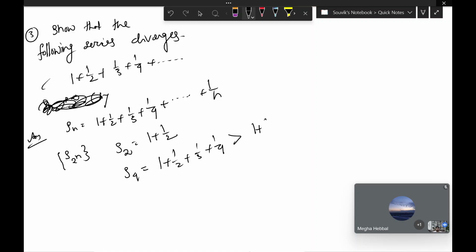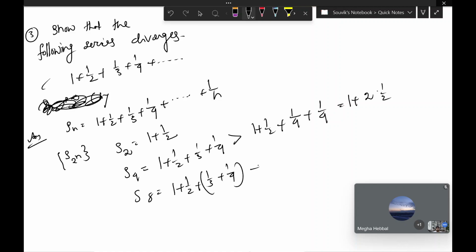This is greater than 1 plus half plus 1 by 4 plus 1 by 4, which is equal to 1 plus 2 into half. Now consider S8: 1 plus half plus 1 third plus 1 fourth, keeping them together, plus 1 fifth, 1 sixth, 1 seventh, 1 eighth.